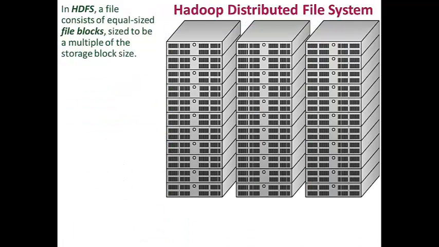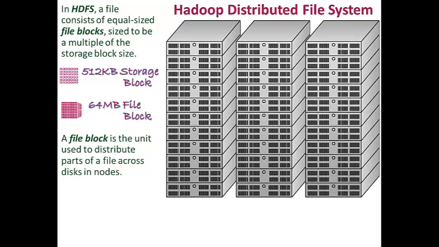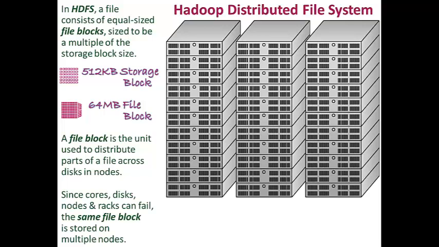The Hadoop distributed file system automatically divides a dataset into equal-sized file blocks, which are sized to be a multiple of the storage block size. A file block is the unit HDFS uses to distribute the chunks of a dataset across all of the disks in the cluster's nodes.